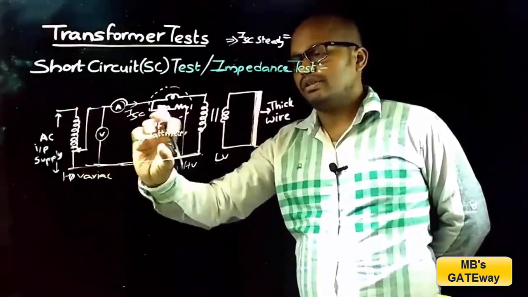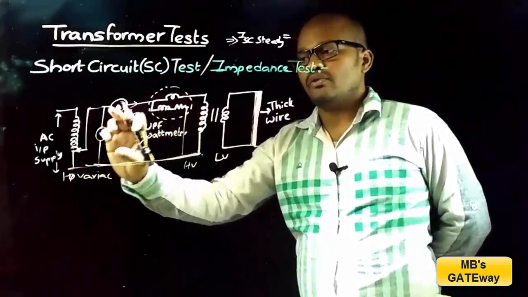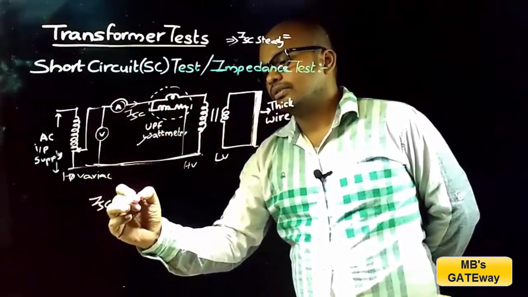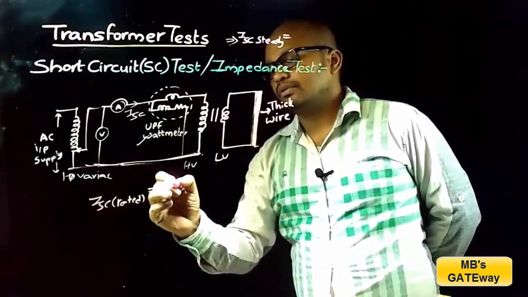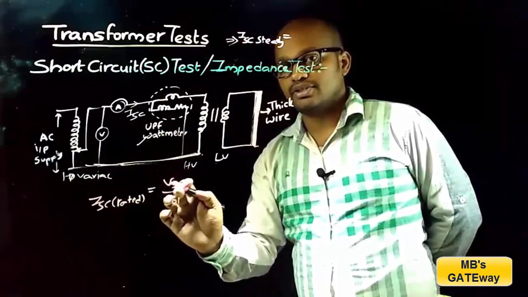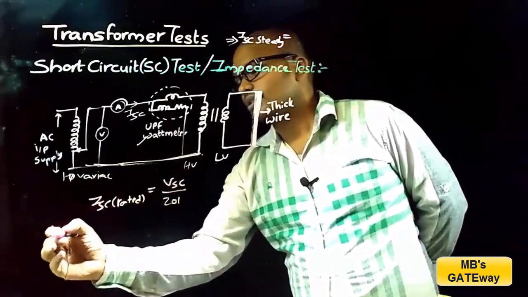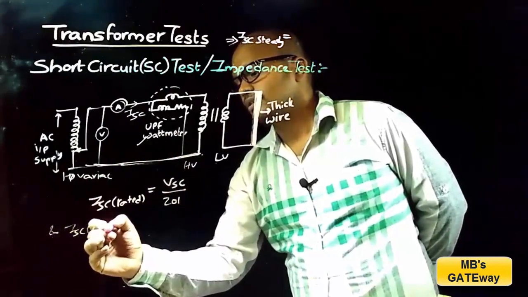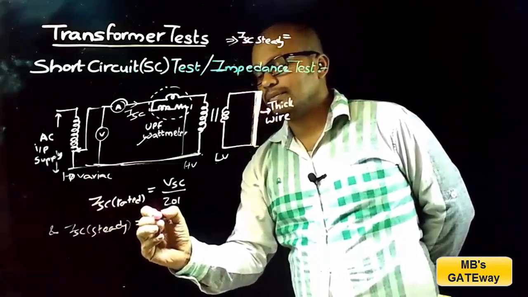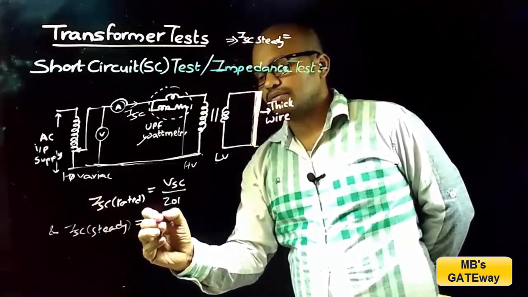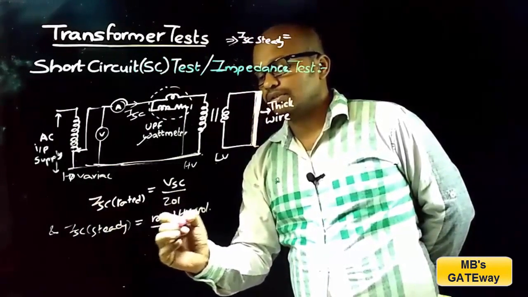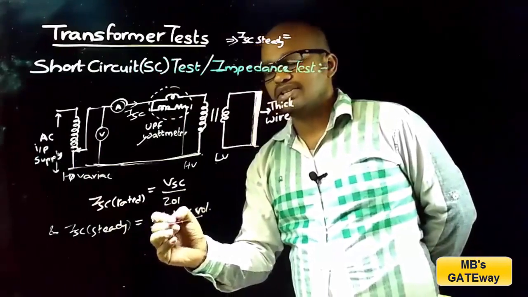From this circuit you can note that the current is equal to the ratio of voltage to the impedance. So here ISC rated is equal to the short circuit voltage by the impedance of the transformer Z01, and ISC steady, that is the steady short circuit current, is given by the ratio of rated HV voltage by the impedance Z01.